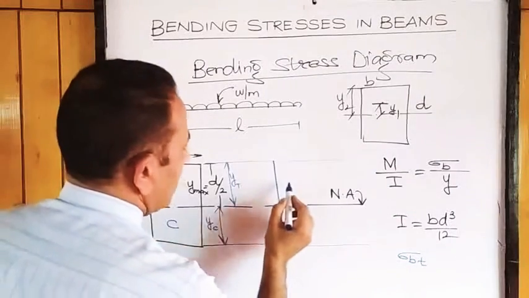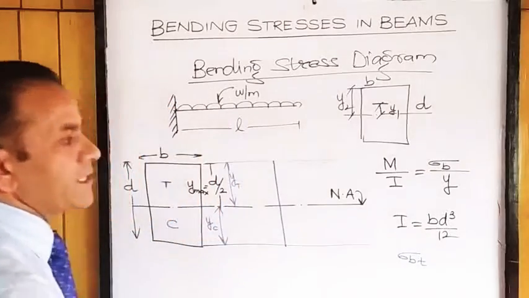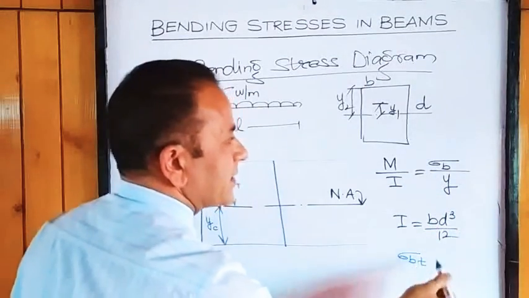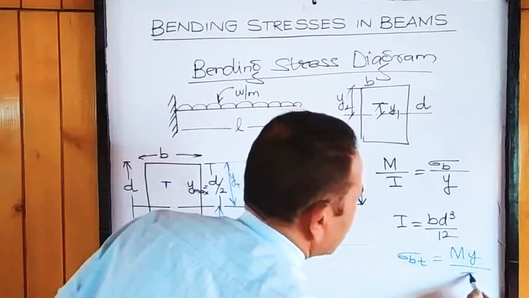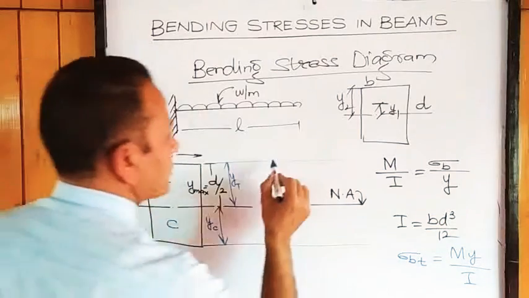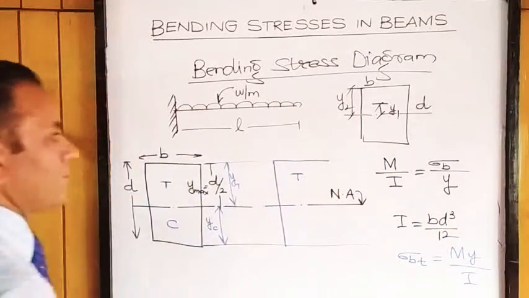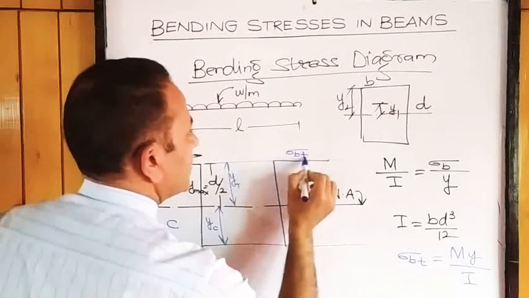So if I calculate corresponding to YT, I will have sigma BT. Corresponding stress will be the bending stress in tension, which will be equal to M into Y. Y will be D by 2 divided by I, which is BD cube by 12. We have certain value, and this is tensile. This value will be sigma BT.